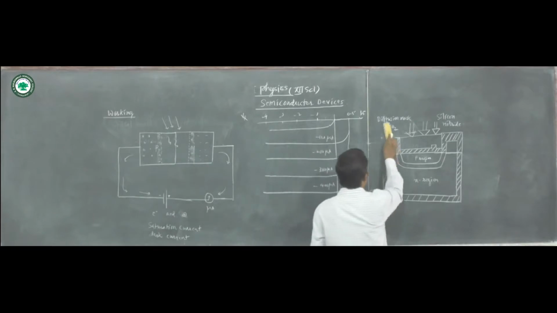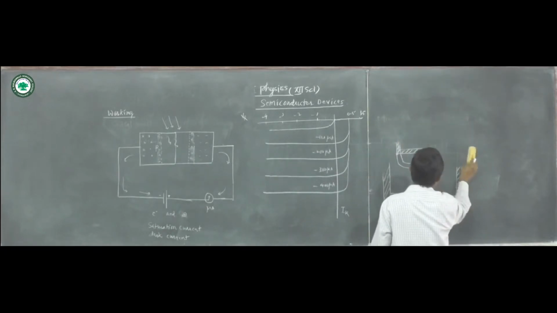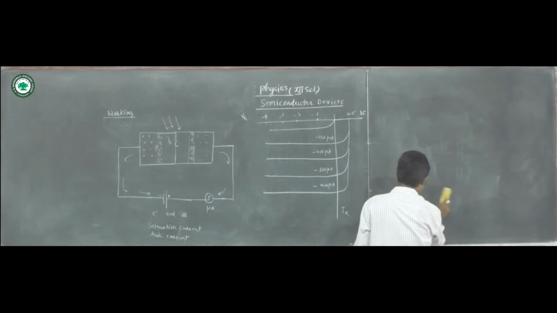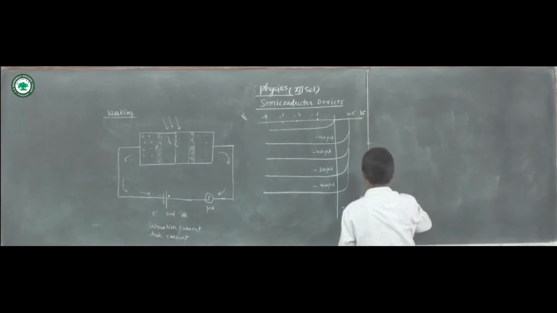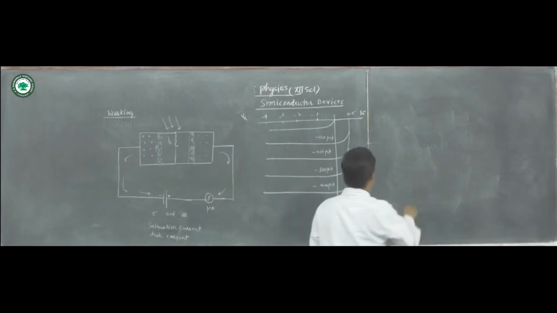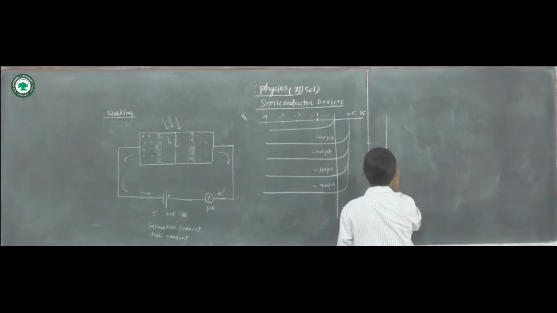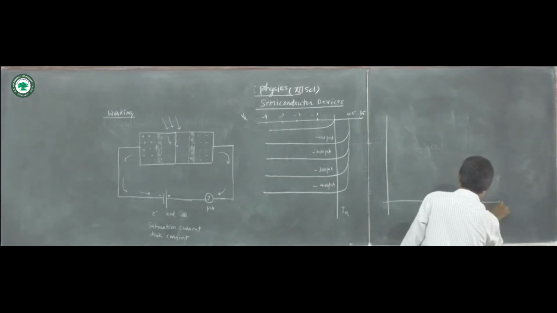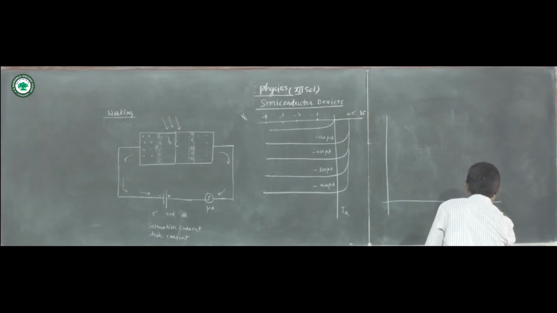Let us see the response of this photodiode to the different intensities of the light. If we plot the graph, this is the light intensity, which is measured in milliwatt per second.